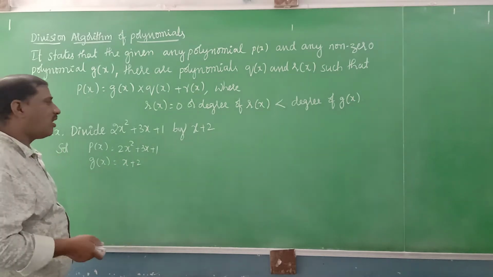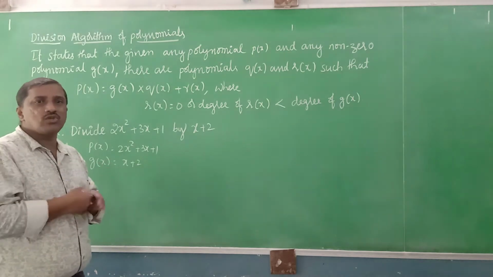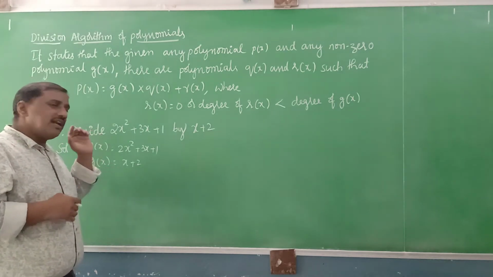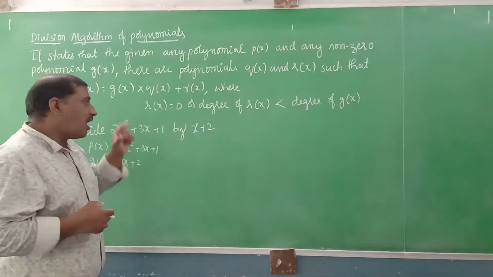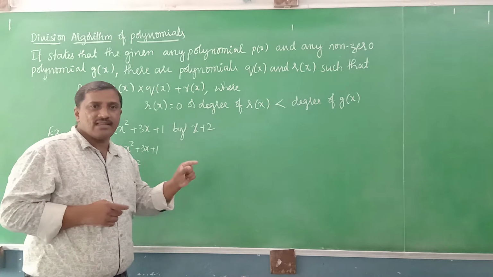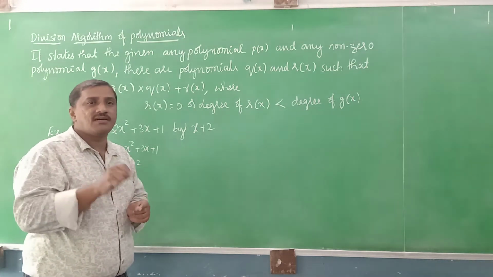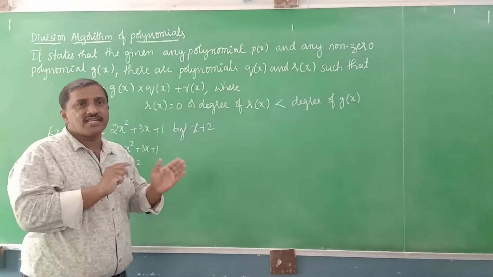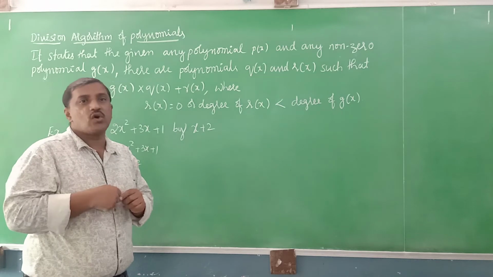How to divide polynomials we have studied in the 9th standard. There are a few steps, and I will revise those steps again. While dividing, remember these steps. Always divide the first term of the dividend with the first term of the divisor to get the quotient.